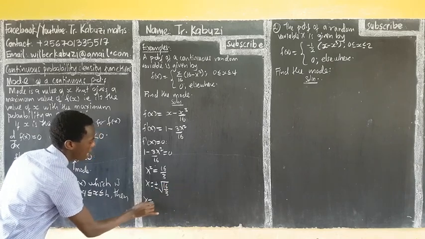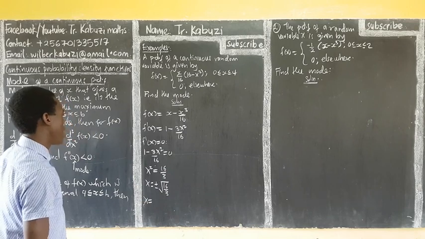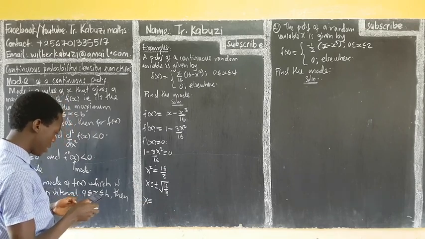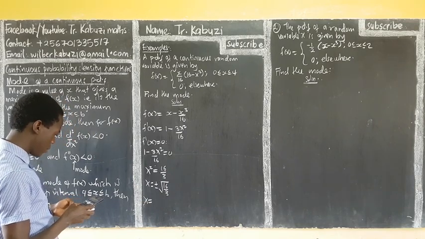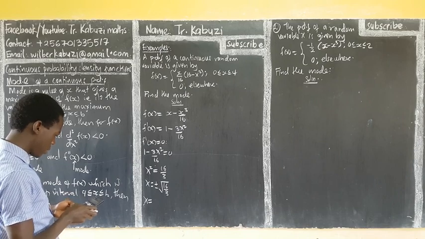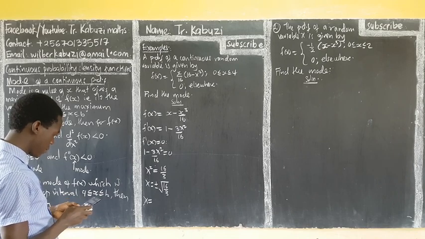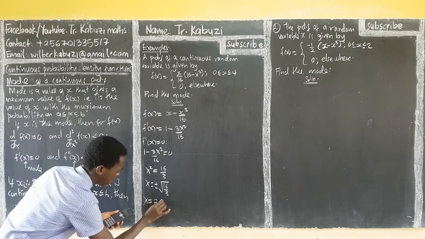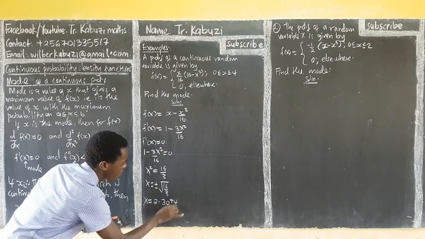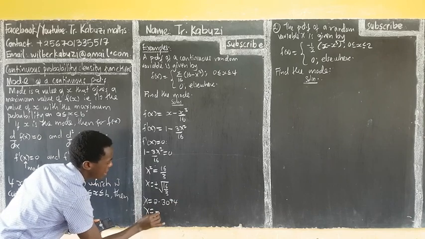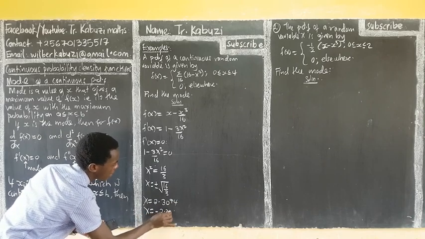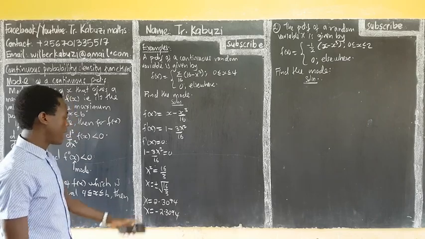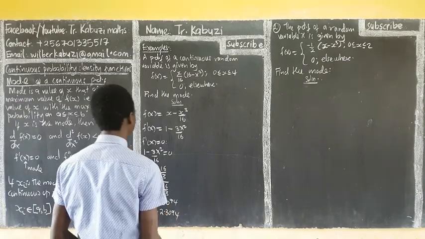So the values I'm getting are positive 2.3094 and negative 2.3094. Why? Because whenever we get a square root, we expect two values.